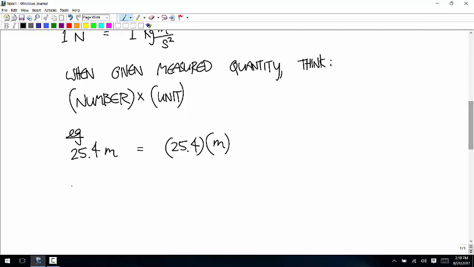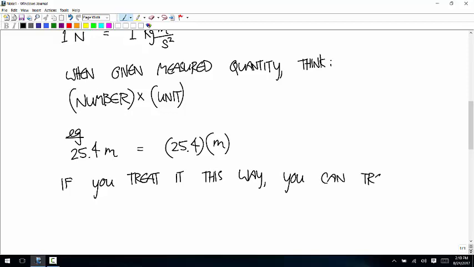And thinking about it that way, if you treat it this way, you can treat units just like algebraic variables when you do algebra.